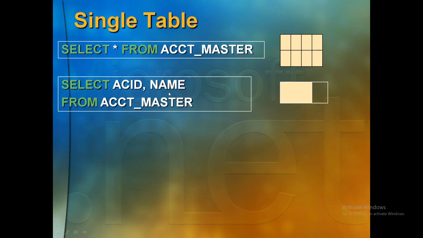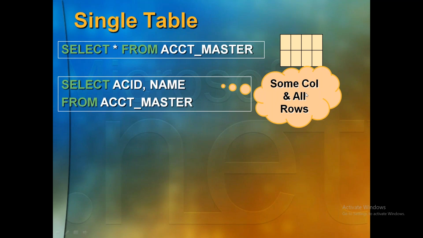Now I wanted to filter some columns. I don't need all columns. Star means all columns. I wanted to filter a few columns. So this is some columns and all rows. Am I clear? Some columns and all rows.